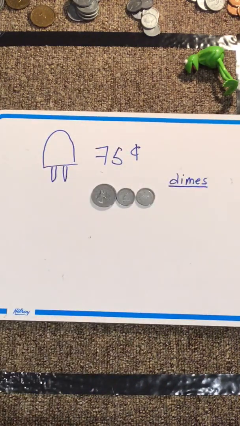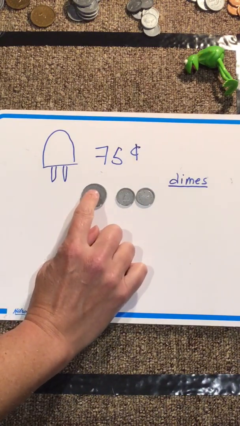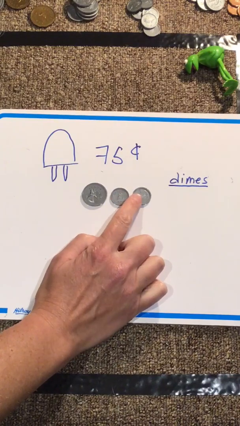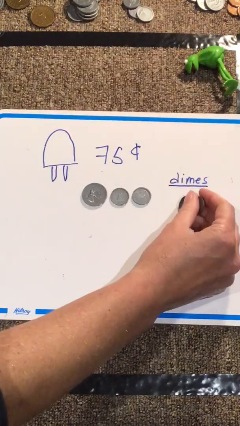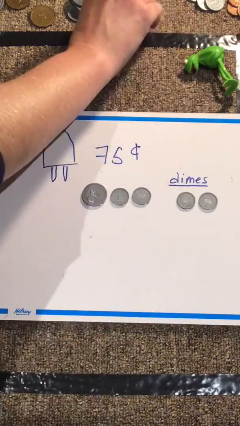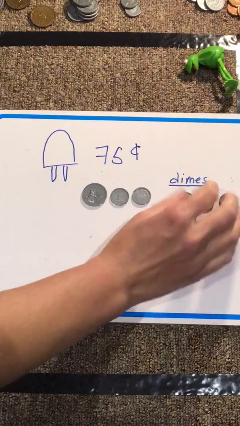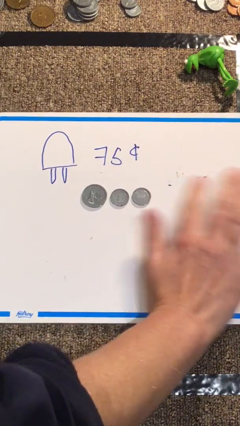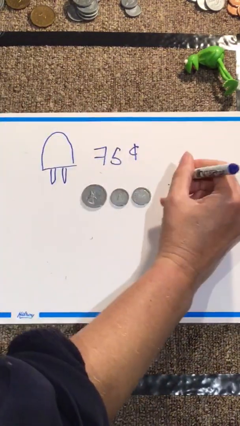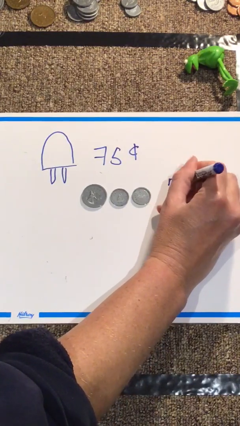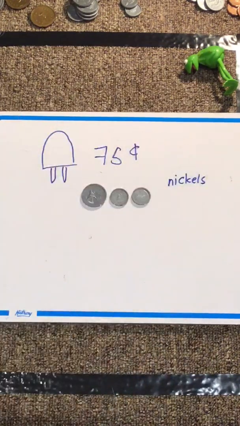So if we need to get enough dimes to get to 75 cents, okay, we're at 25, 35, 45, 55, 65, 75. All right, so we needed 3 more dimes to get there. But what if they asked, how many nickels does it take to be able to get there?